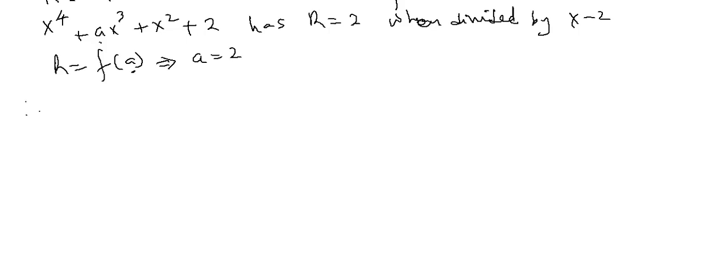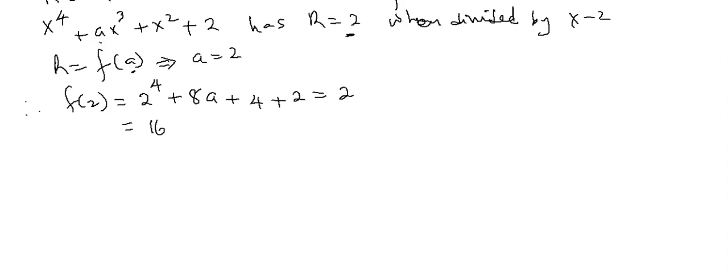Therefore, f of 2 should give us 2 raised to power 4 plus a times 2 cubed, that is 8a, plus 2 squared, 4, plus 2, which should give us the remainder, which is 2, by remainder theorem. And this is 16 plus 8a plus 6 is 2.